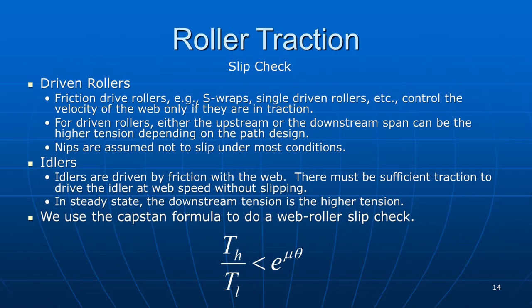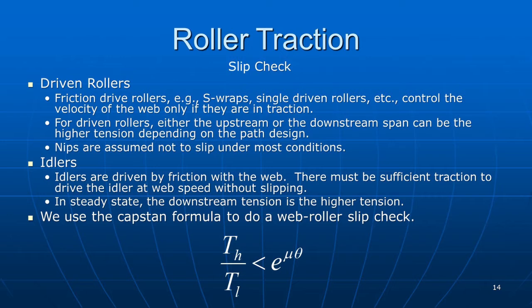So the Capstan formula doesn't say upstream over downstream, it's simply high tension over low tension. Now, normally nips are assumed not to slip under most conditions, but I have seen nips slip if they're not properly loaded and if they're badly worn. But the Capstan formula does not apply to a normal nip situation.